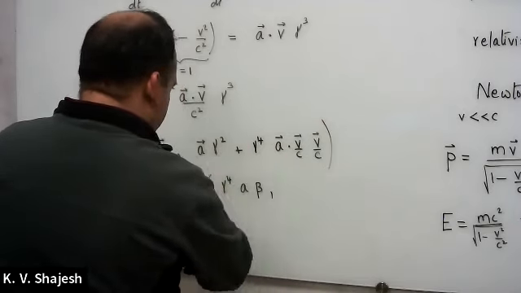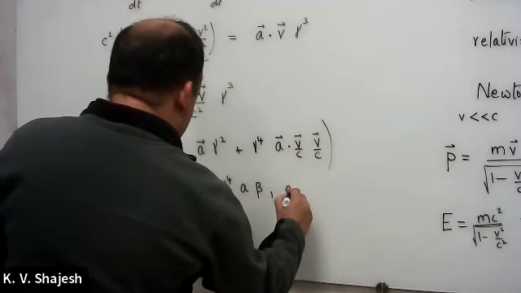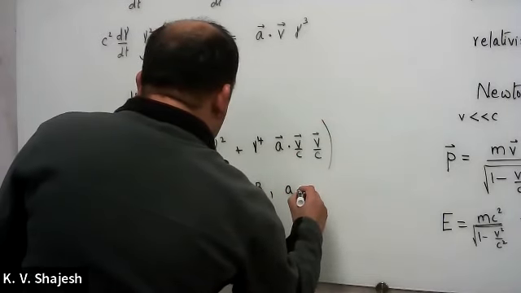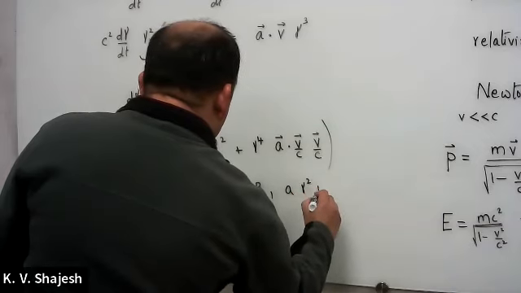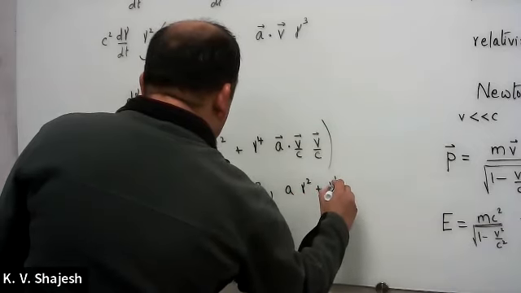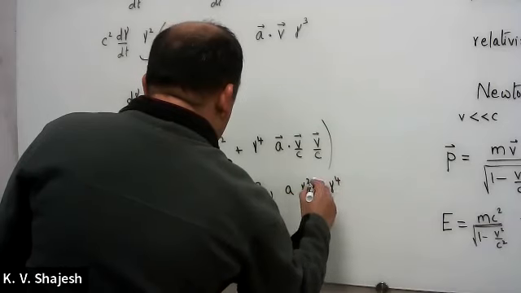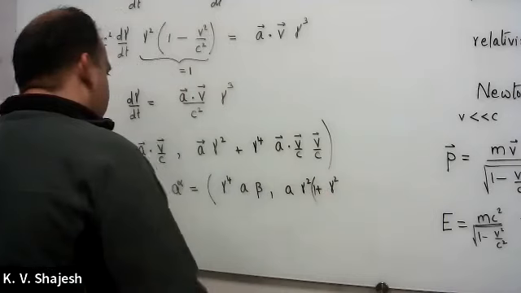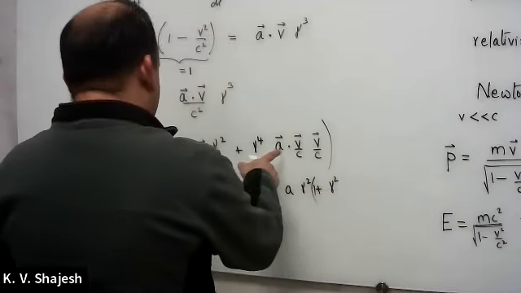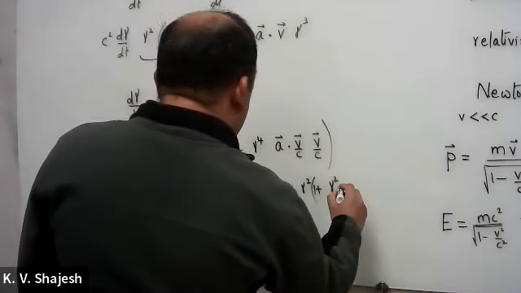So A now is in the same direction, so A can be pulled out. That is gamma squared plus gamma raised to 4, gamma squared, right? Gamma squared pulls out gamma squared and beta squared.